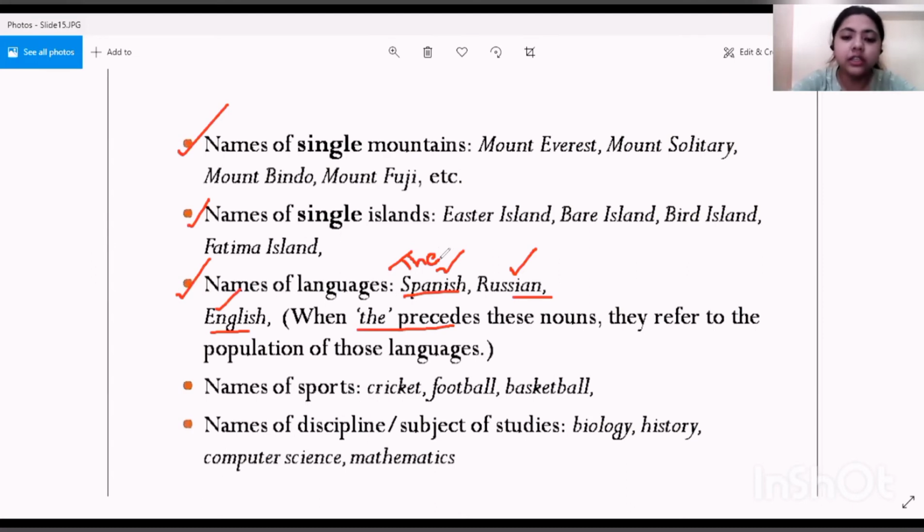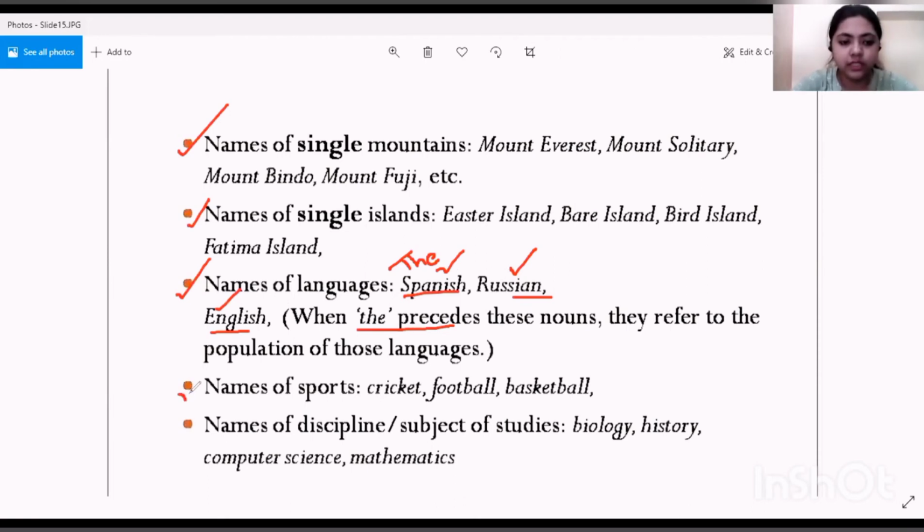When I say Russian, I'm talking about the language Russian, but when I say the Russian, we are talking about the people of Russia. With us it's not the case, because we are called Indians and our language is Hindi, so it is different. But in other countries like England, Spain, Russia, their language and population are addressed with the same name.